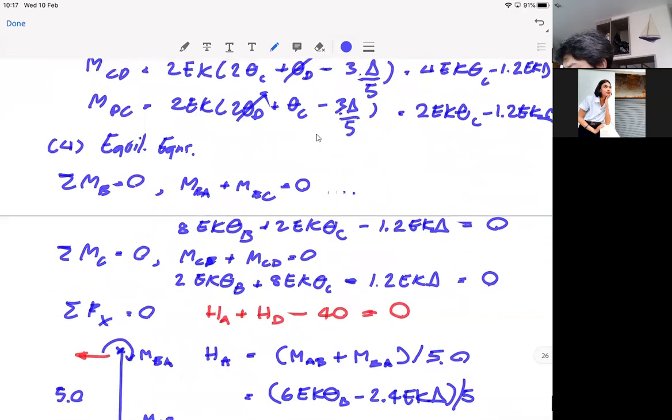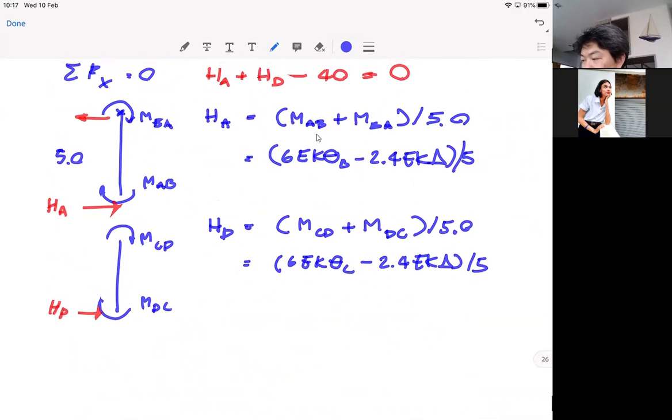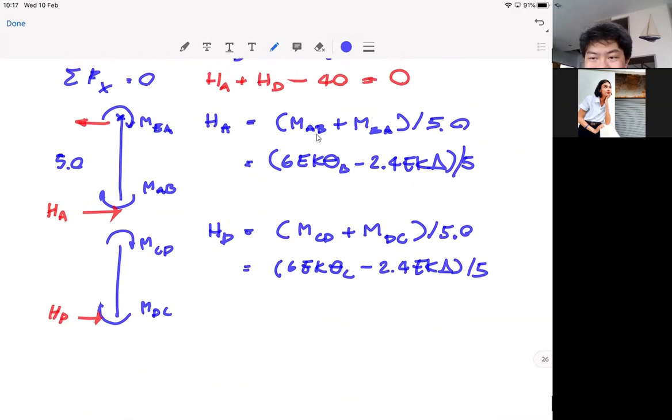So you sum them up, it's again 6 EK zeta C minus 2.4 EK delta over 5. So in the end, it's not anything new in terms of equilibrium. What you're doing here is only the sigma Fx equal to 0, right? But this time, sigma Fx is the construction from moment equation.